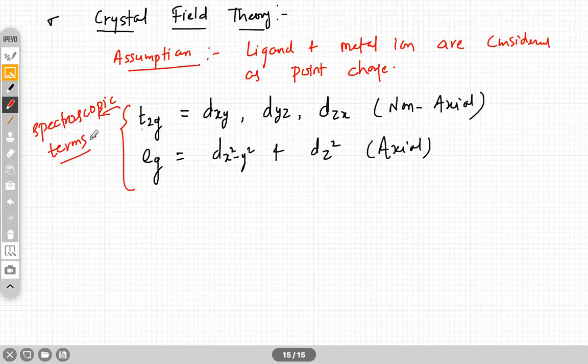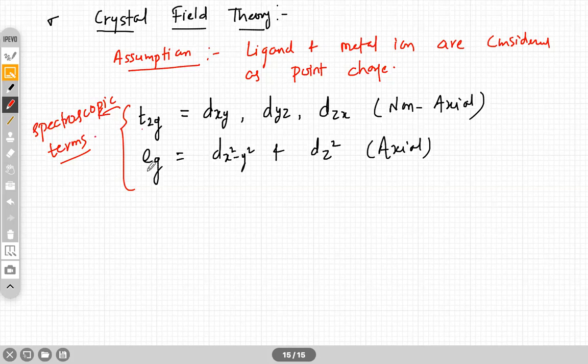There are certain factors which affect the splitting of orbitals, like the position of the transition metal, oxidation state, and other things. How splitting takes place in different complexes, whether octahedral, square pyramidal, or tetrahedral, we'll discuss a bit later. First, we'll see what factors affect the splitting of orbitals.